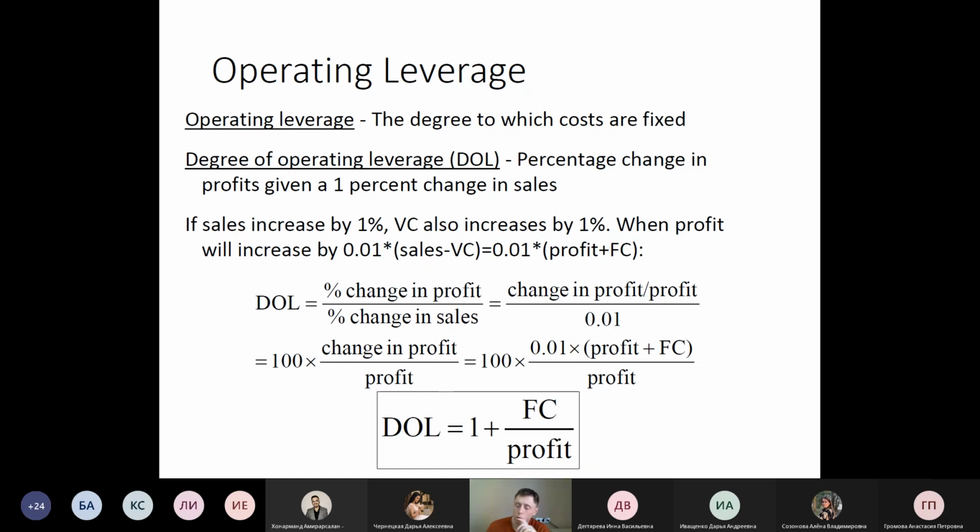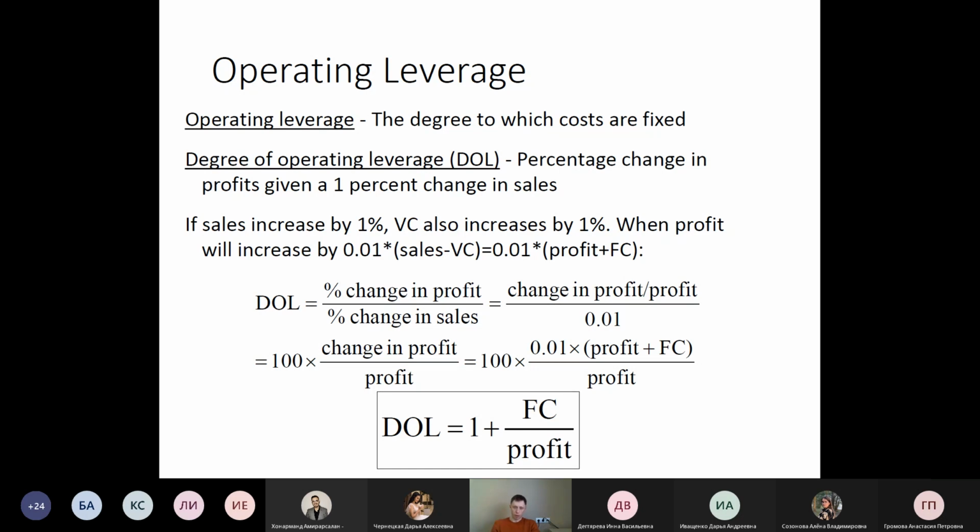And here, going back to the previous topic that we have, we talked that the level of the fixed cost determines the riskiness of the business, and the sensitivity of the profit to the sales depends on the fraction of the fixed costs.